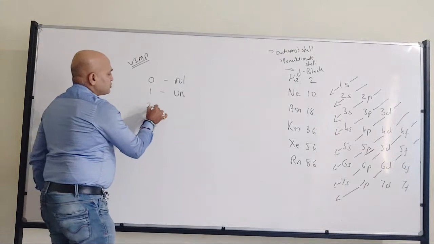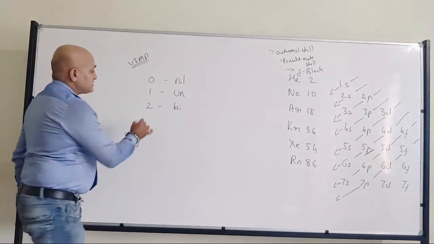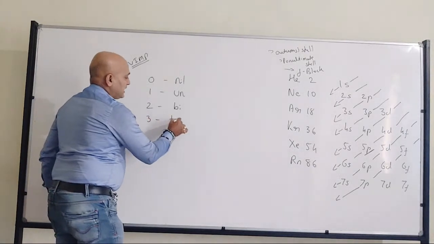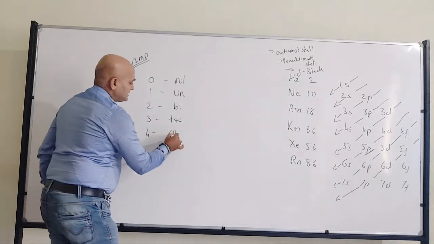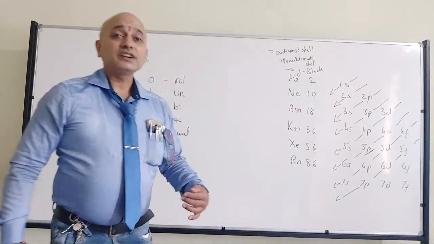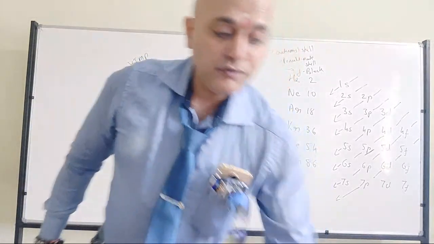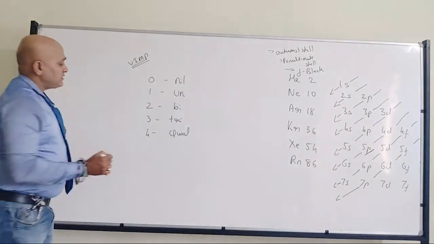If it is 2, we will call it as bi. If it is 3, we will call it as tri. If it is 4, we will call it as quad. If it is 5, we will call it as pent. So like that, the list will go on.